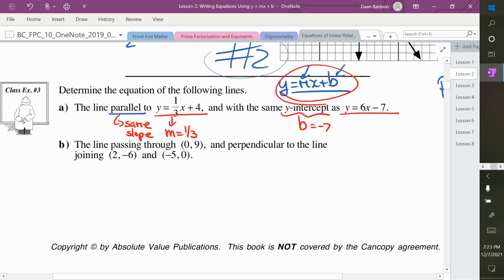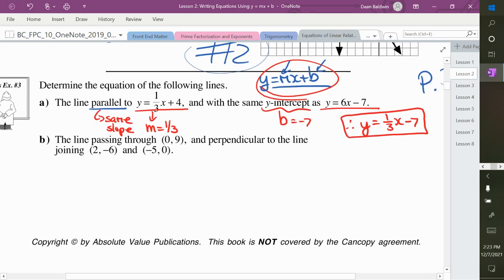Just plug them into your equation. So the equation of our line is y equals 1/3 x minus 7. That is the equation of a line that is parallel to this line, has the same slope and the same y-intercept. That's the most straightforward form because you just have to look at the lines and pull information out.